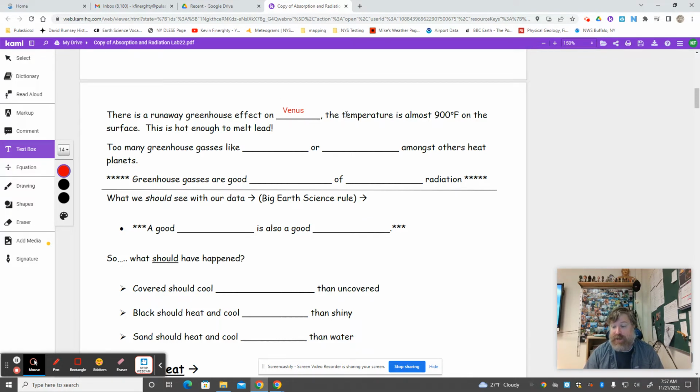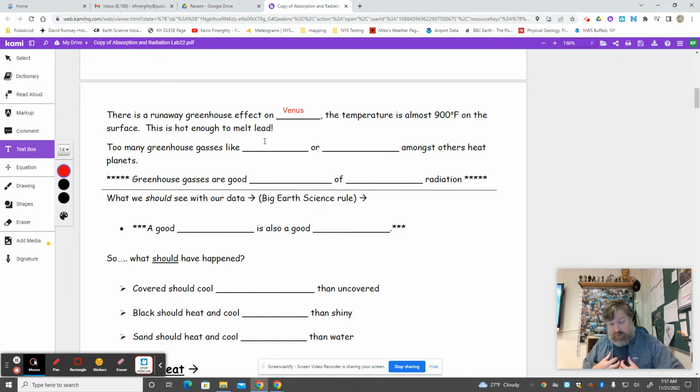There's a lot of carbon dioxide in the atmosphere there. It's a very efficient atmosphere at holding on to radiated energy. And the temperature on the surface is almost 900 degrees Fahrenheit. It's hotter than Mercury, which is closer to the sun. Hot enough to melt lead on the surface of the planet. And again, the greenhouse effect is what we have to think about that.